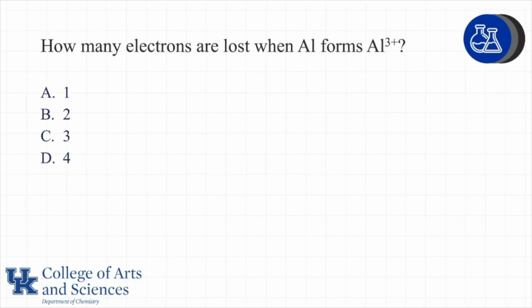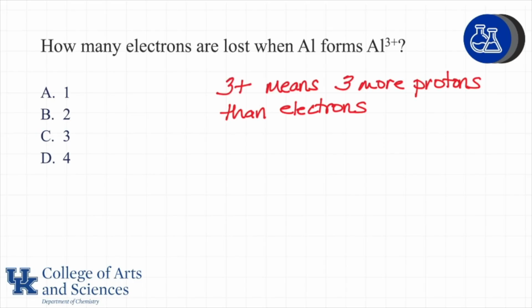How many electrons are lost when aluminum forms Al3+? 3+ means that there are 3 more protons than electrons. If I look at aluminum, it has 13 protons and 13 electrons.